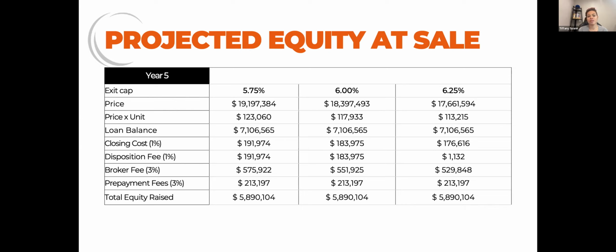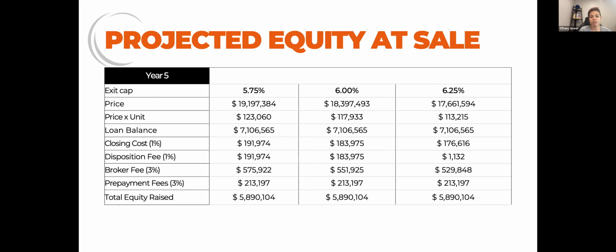And when I say several scenarios, it's because there could be a change in the cap rate. Whenever we're looking at deals in our underwriting, we always increase the cap rate at sale just to reside on the side of being conservative.